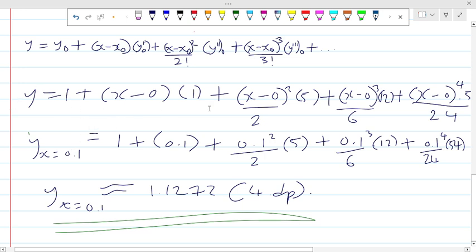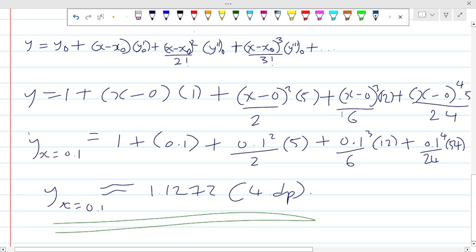So now this we have here will give us an approximate value of y, this expression. So all we have to do, where we see x, we put 0.1. So 1 plus x 0.1. Of course, 0.1 minus 0 is the same 0.1. 1 multiplies 0.1, the same 1. So plus x to 0.1 raised to power 2. Of course, this 0 is out, okay? Divided by 2, multiplied by 5.